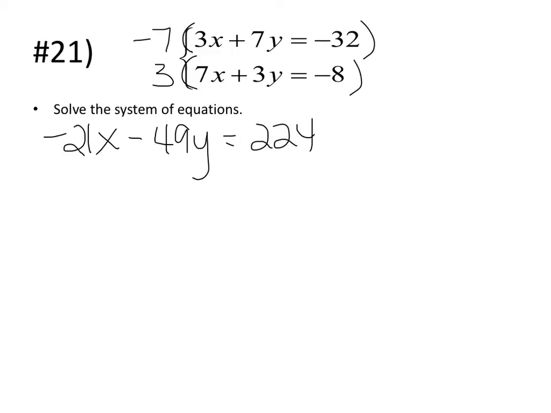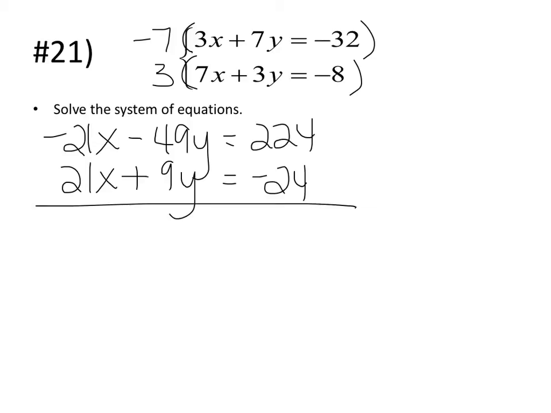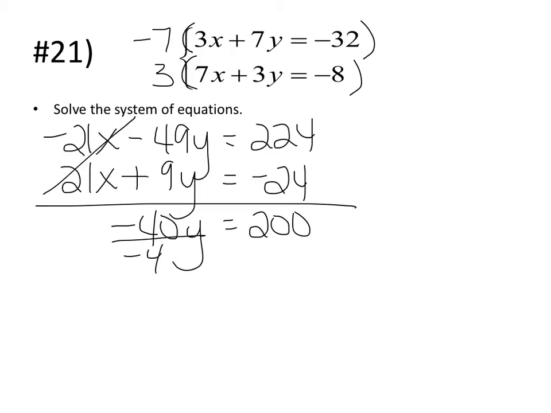And I've got 21x plus 9y is equal to negative 24. So your x's cancel. And you have negative 40y is equal to 200. Divide both sides by negative 40. And you have y equals negative 5.